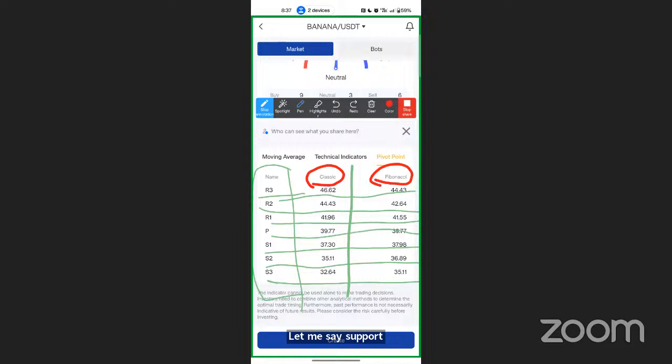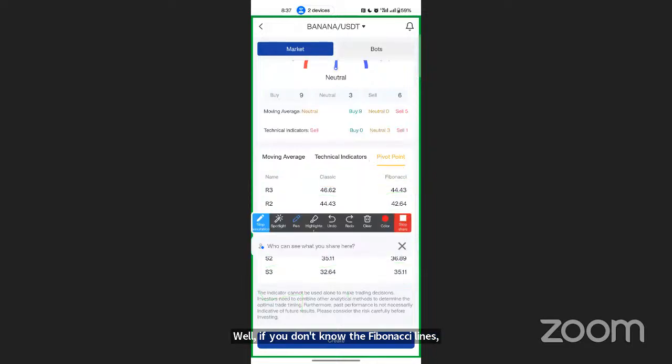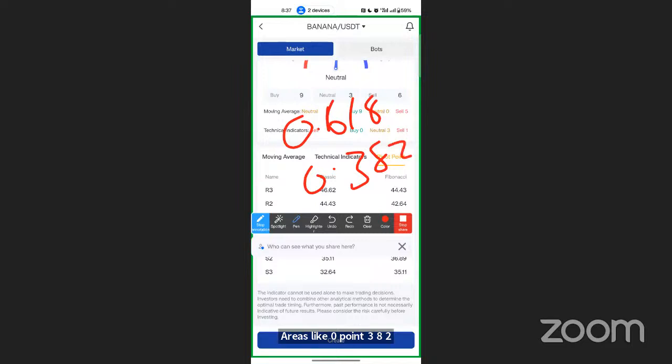For example, when they are calculating either support 2 or resistance 2, with the Fibonacci, they use the Fibonacci lines. Well, if you don't know the Fibonacci lines or the Fibonacci areas, they use areas like 0.618, areas like 0.382 to be able to get where the market is supported and resisted.